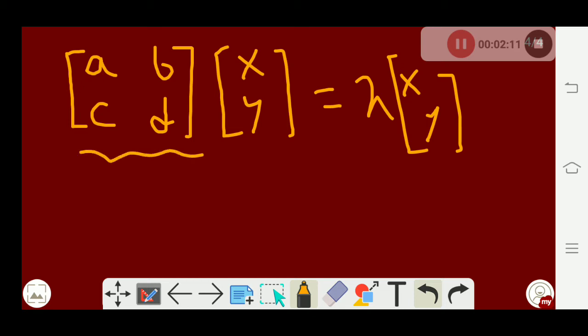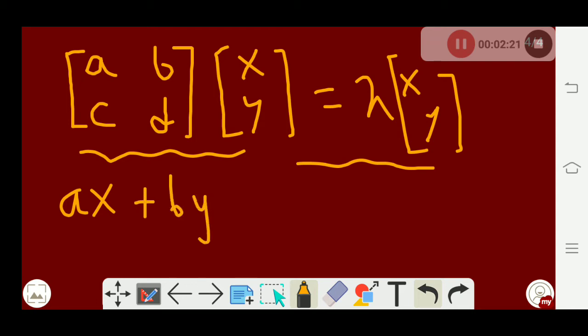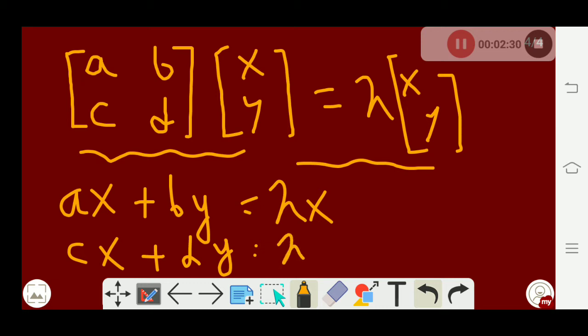It's the representation of an equation: ax plus by equals lambda x, cx plus dy equals lambda y, and we have written this in matrix form. I know you know about this.